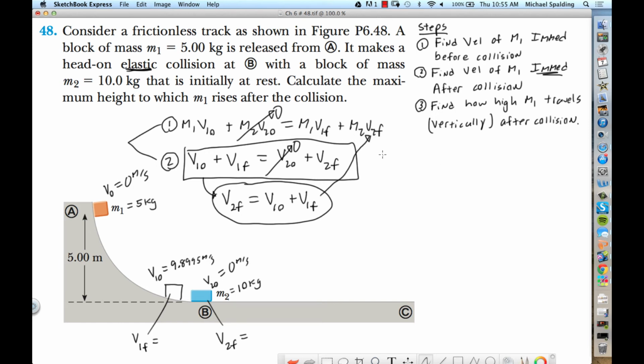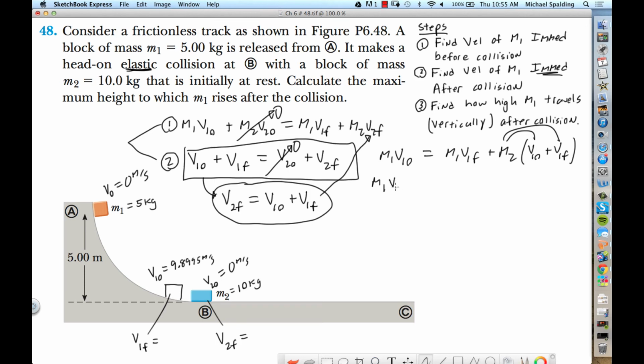It's just, all this is substitution. So substituting that into equation 1, m1 v1 initial equals m1 v1 final plus m2 times (v1 initial plus v1 final). You got to distribute this. Elastic problems, they're a pain in the butt because you got to substitute.